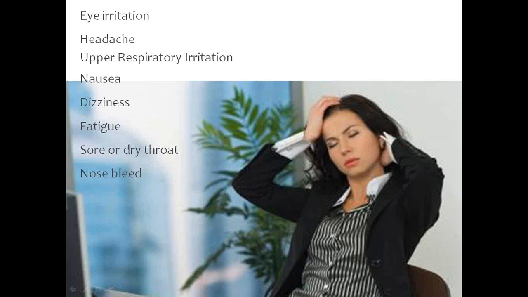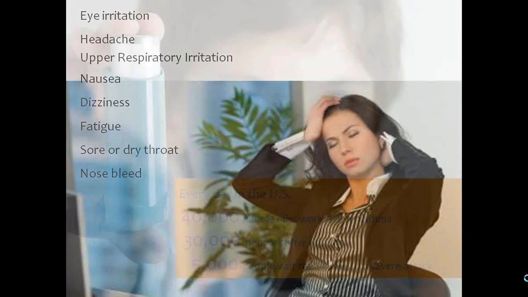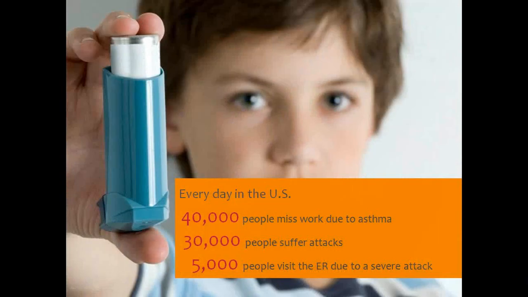Well, on the next slide, what we also know is that this asthma and allergy issue has been the reason that air quality has become such a huge topic. Asthma in children has increased 160% just in the last 10 years. What we also know is that in the United States, people miss work, they suffer asthma attacks, visit the emergency room.